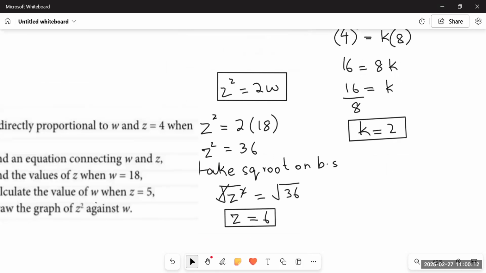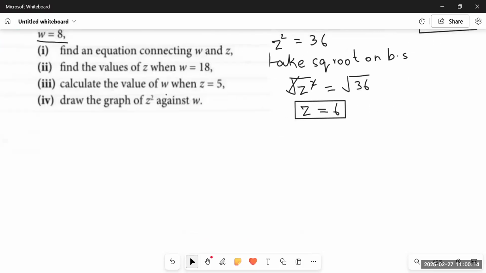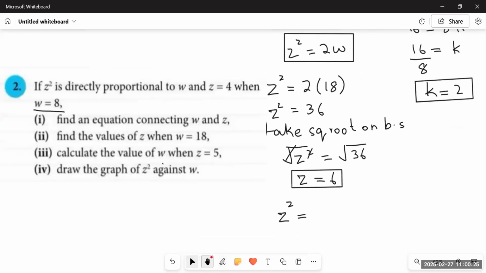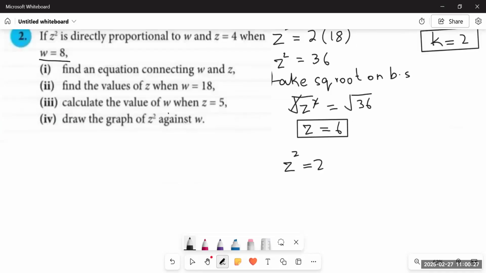Now, after this, we have to find the value of w when z equals 5. So again, using the same equation, z square equals 2w. Now we will substitute the value of z as 5 to the whole square to find the value of 2w.